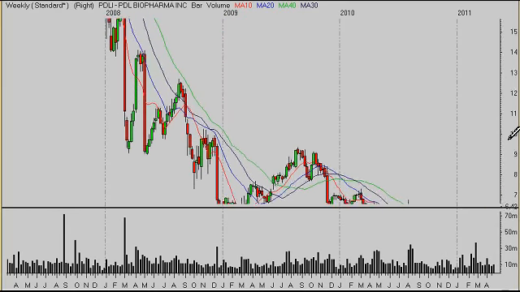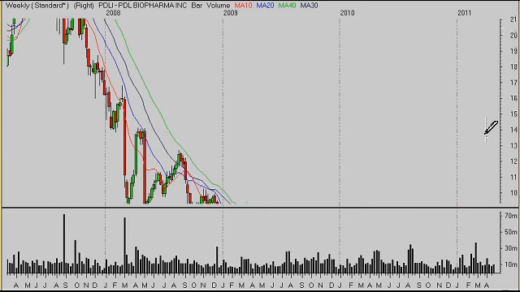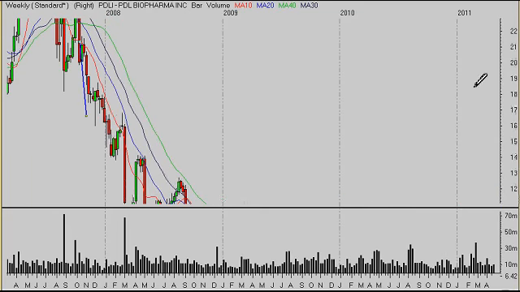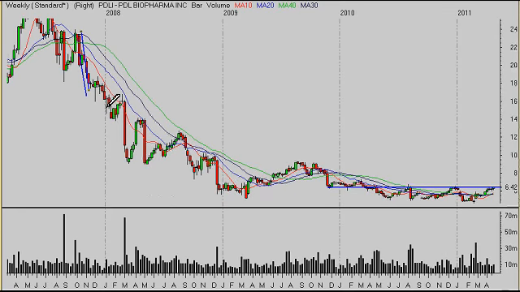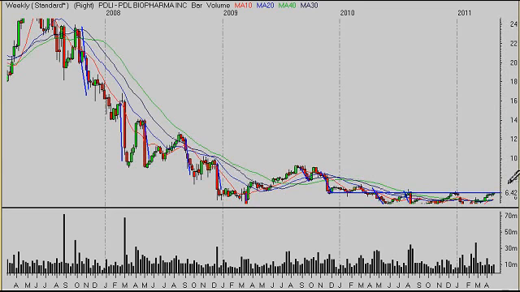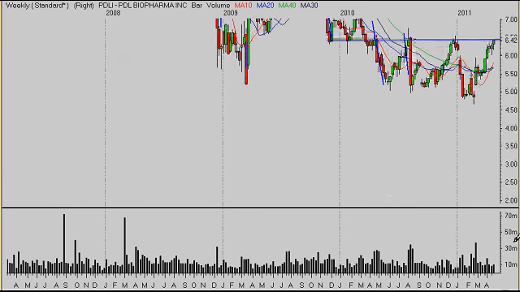I mean, this thing kind of scares me to death. Look at it back in 2006. Let me just change that scaling a little bit better. 2007 and 8, I mean, we got all these huge moves down. This type of stock, I wouldn't trust it personally based on its history of gapping down.